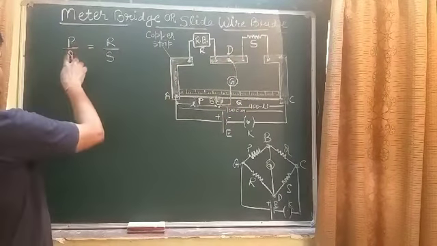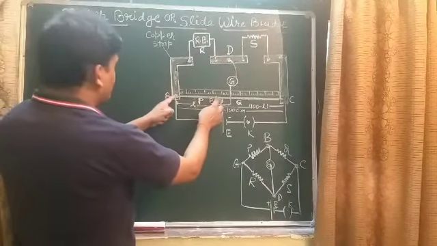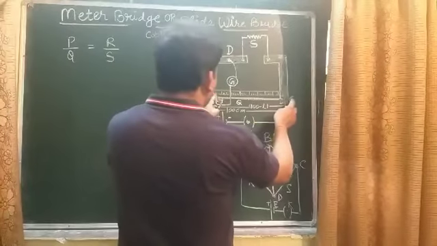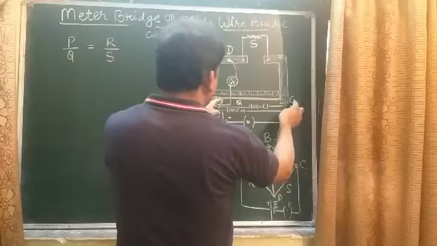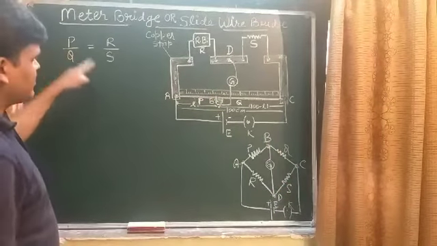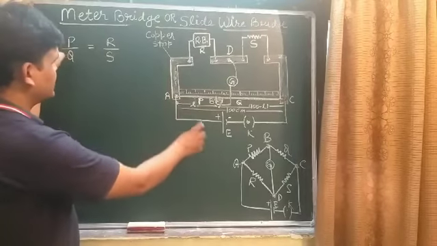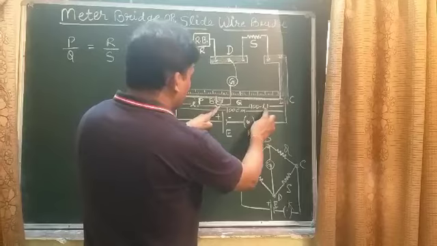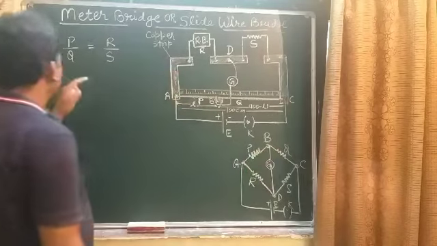P is the resistance of the wire AB, and BC is the resistance Q. So the length of the wire L has resistance P, and the length of the wire 100 minus L has resistance Q.